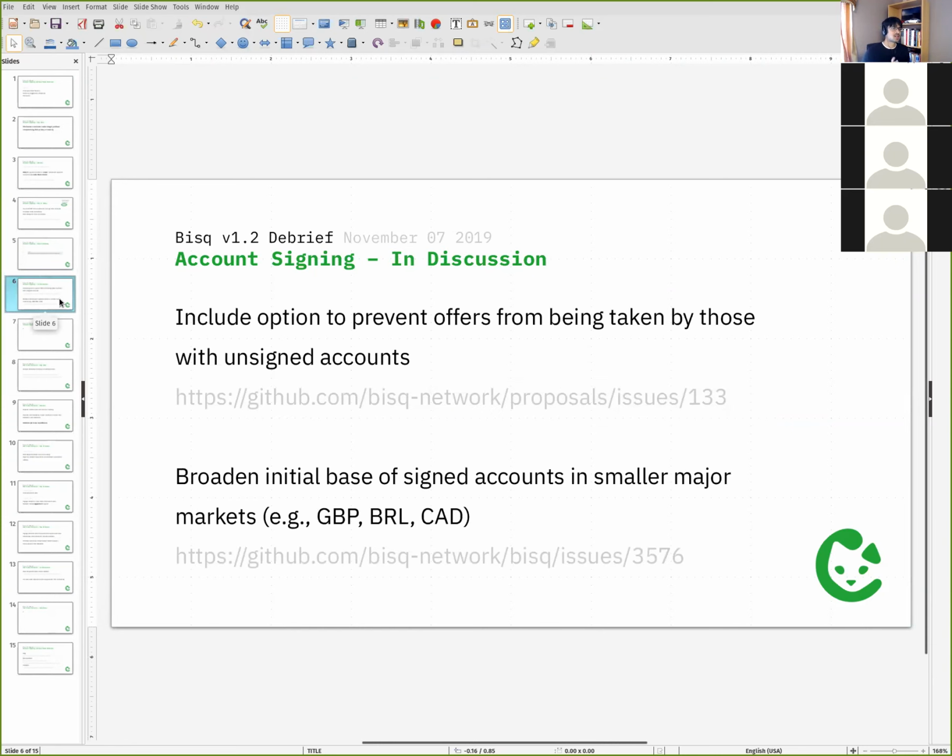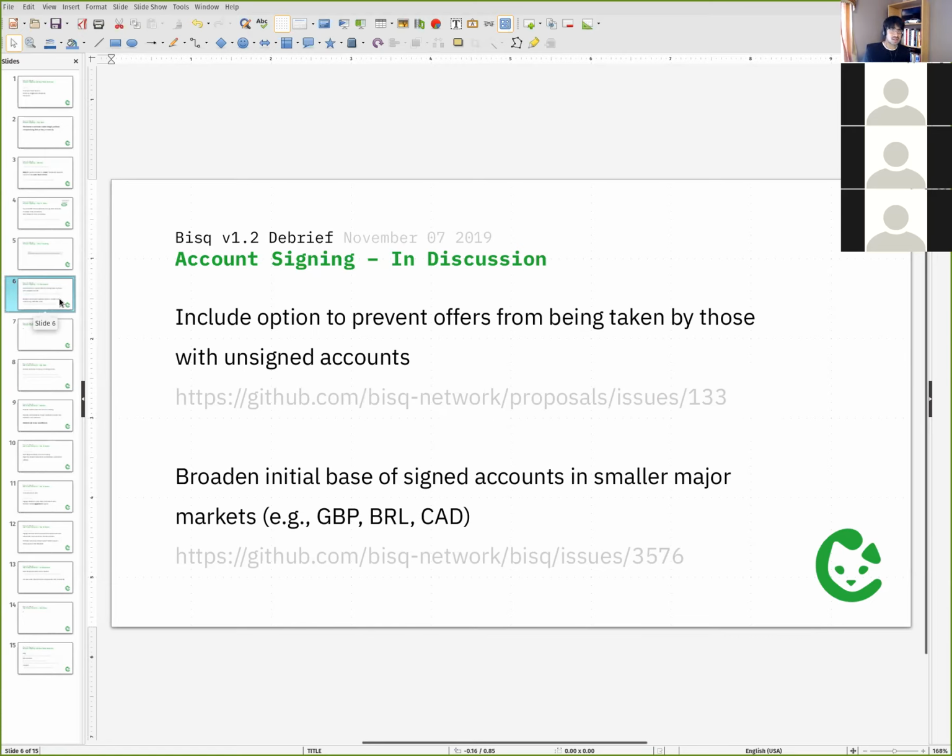There's a couple of things in discussion right now about the mechanism itself. There's a proposal right now to prevent offers from being taken by those with unsigned accounts. So I mentioned before that if you want to have your account signed, you should take an offer from someone who can sign your account. You can right now also make an offer, and if that offer is taken by someone with a signed account, then your account will also be signed. But right now there is no way to ensure that someone with a signed payment account will take that offer.